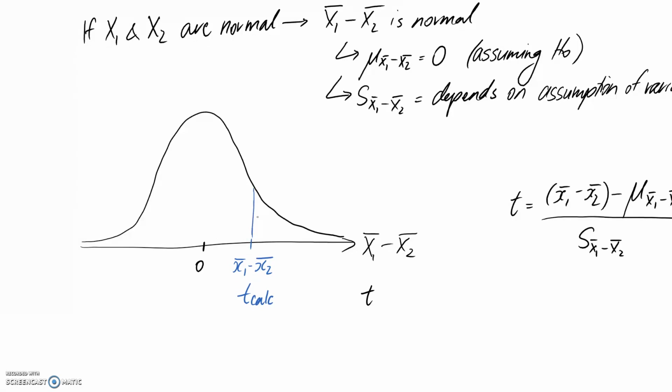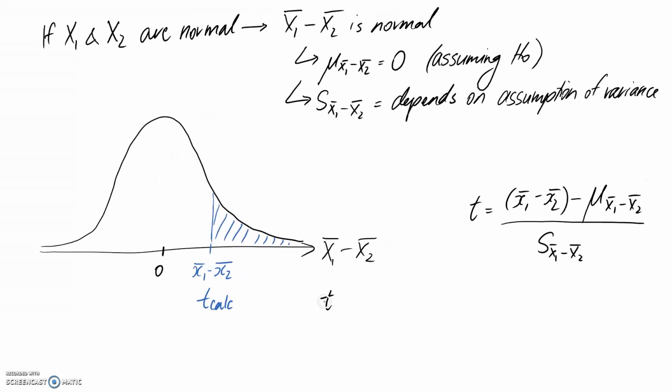That would be like dropping a line here and looking for the probability that sat within this region. We can calculate what that is in terms of t using this equation here, which follows a very similar pattern to the one for a one-sample z-test or t-test.